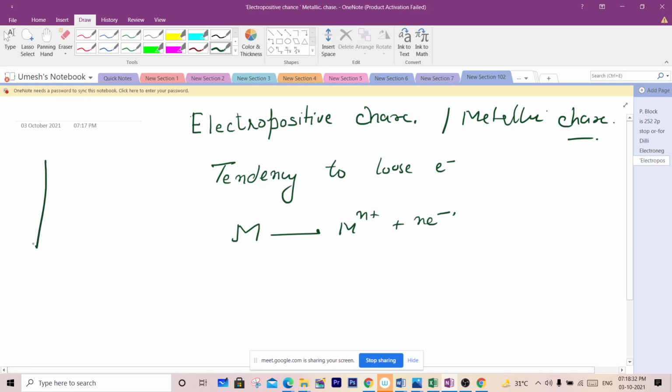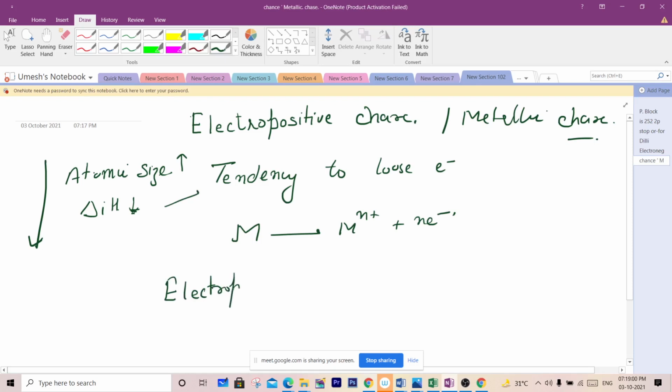And now as you go down the group, what happens to the atomic size? Increases. Enthalpy of ionization decreases in general. That is why the tendency to lose electrons will increase, and so we can say the electropositive character will increase down the group.